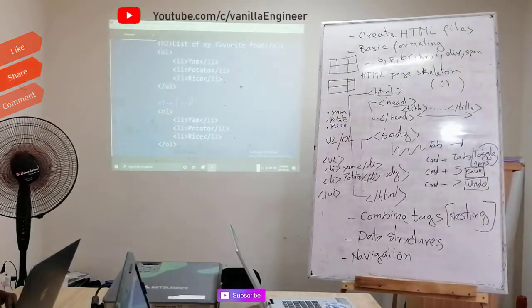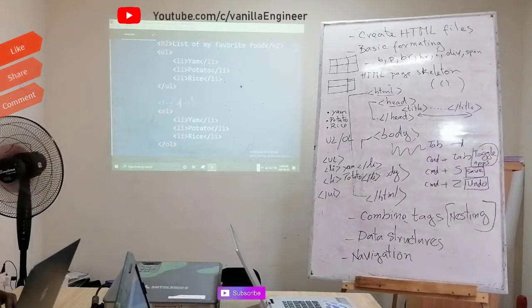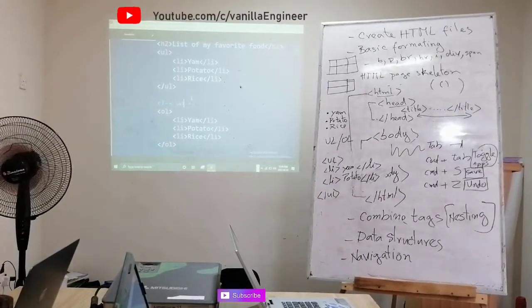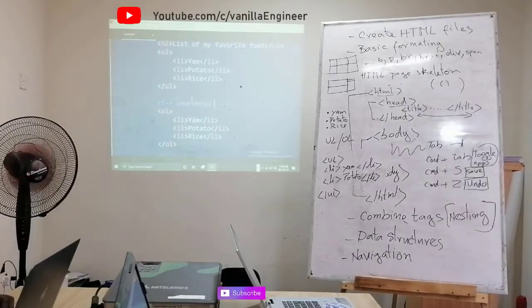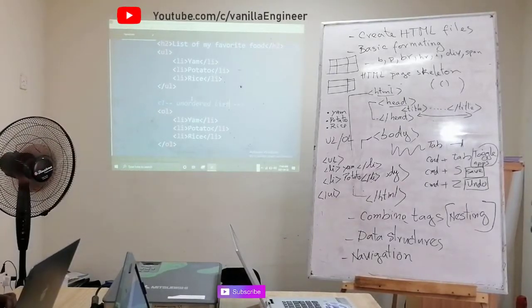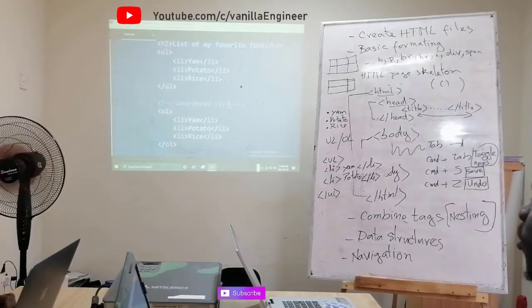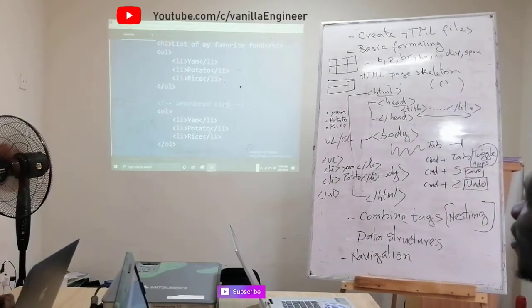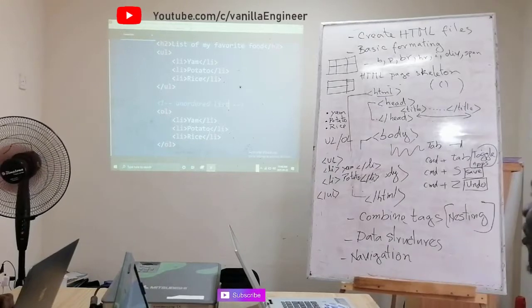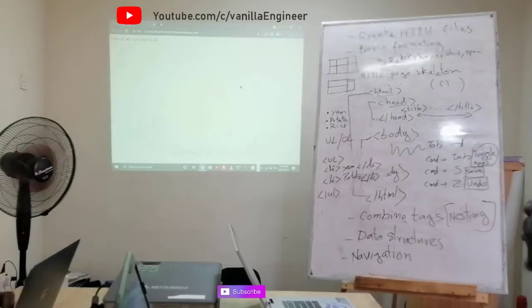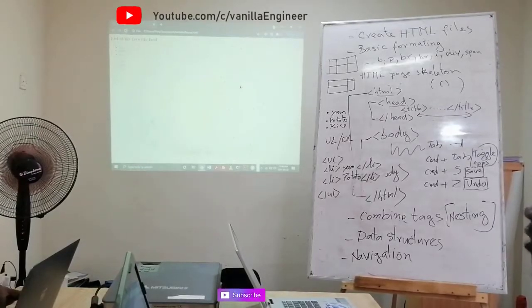So let's say something here. Let's write in between there, it is an ordered list. After that, let's go to the browser again and preview and see if something changed.